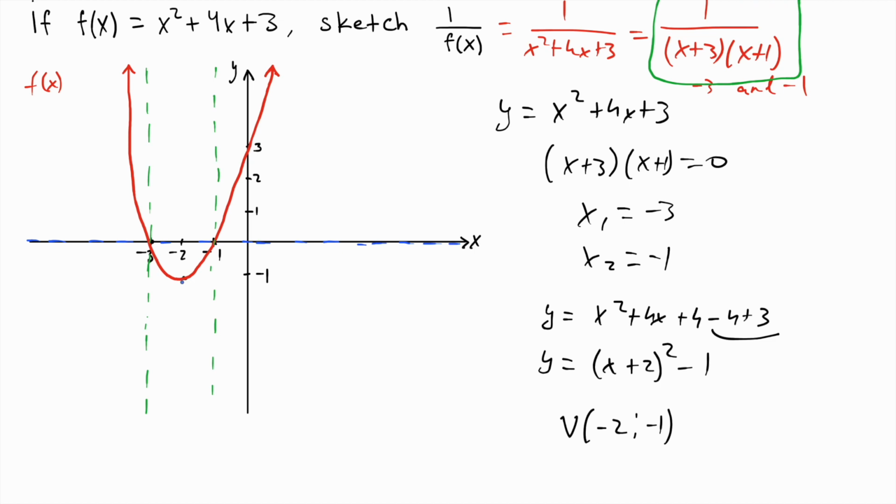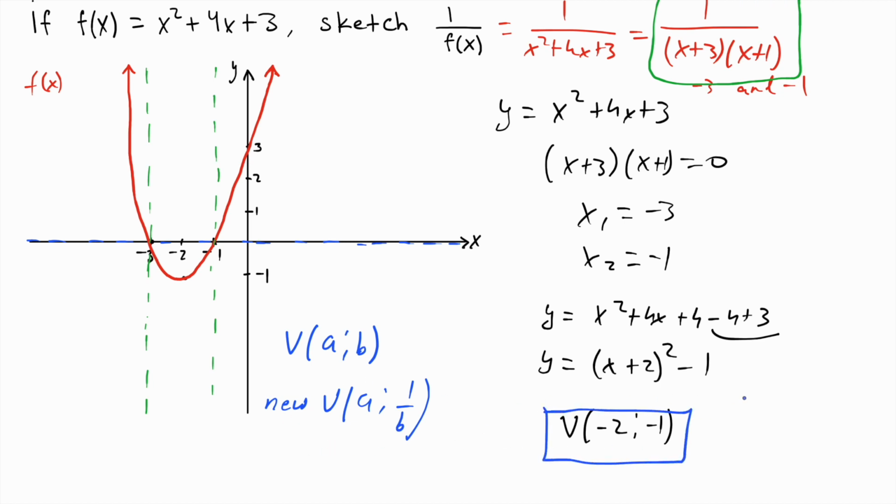Not only that, but it's also going to be the reciprocal of its y coordinate in its vertex. So if my vertex was a, b, my new vertex would be a, 1 over b. My x coordinate stays the same, but my y changes. My initial vertex was -2, -1.